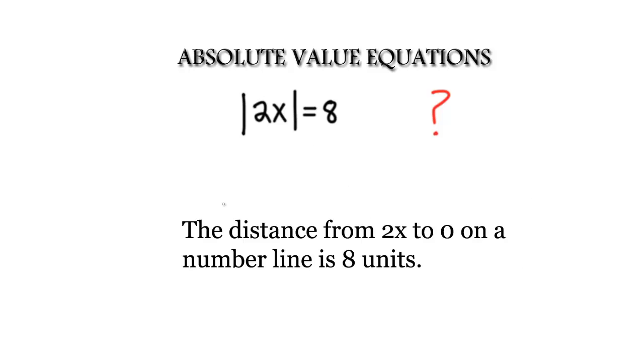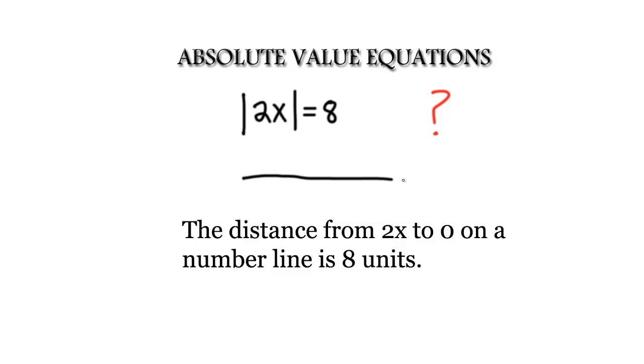So let's say I have this absolute value equation. The absolute value of 2x is equal to 8. And you might be thinking, alright, what does this mean? Well, this represents the distance from 2x to 0 on a number line is 8 units. So think of it like this.